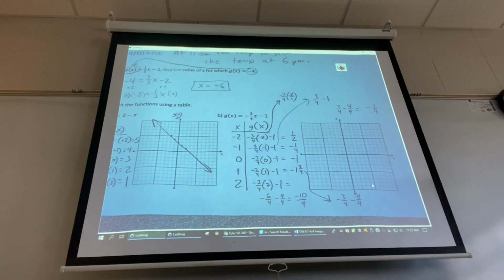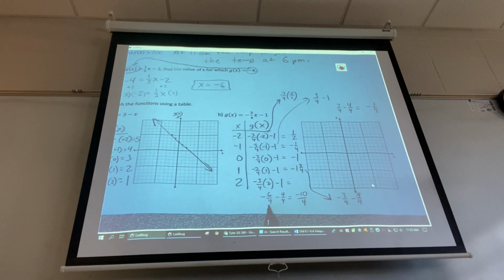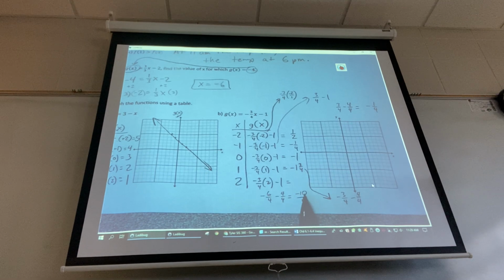Okay. So this is negative 1/2 here, isn't it? Yeah. So you could go that route. You could say I've got negative 1/2 minus 1, which is negative 2/2. Okay, there we go. Or you can multiply straight across to get negative 6/4 minus 4/4 is negative 10/4.